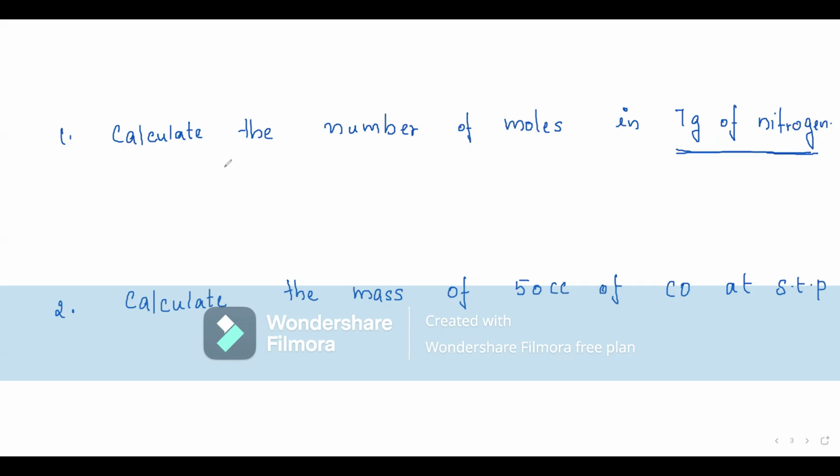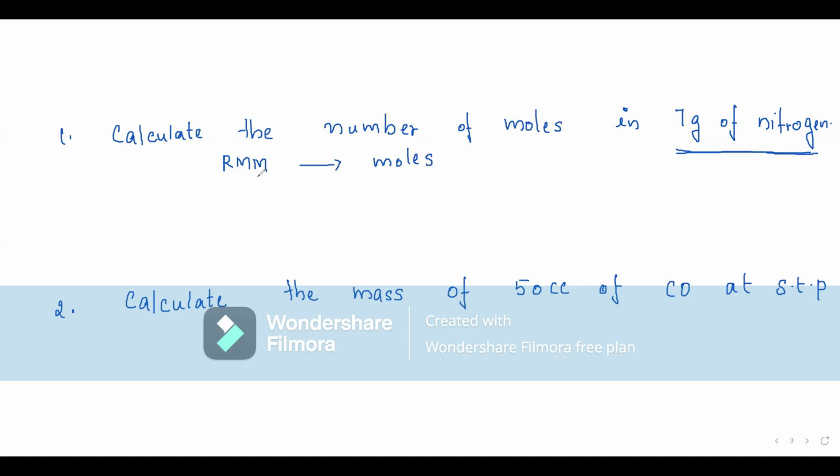So this is a relation that connects RMM. Because it is a nitrogen molecule, I've written RMM. If it was some metal atom, I would have written here RAM. So RMM connecting to moles, that is the relation.